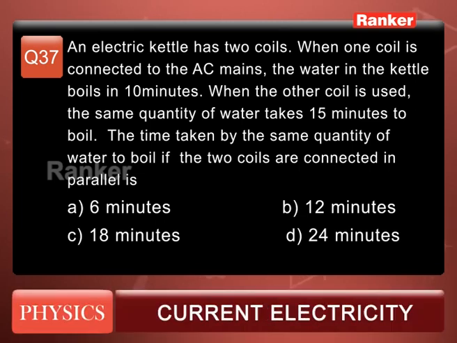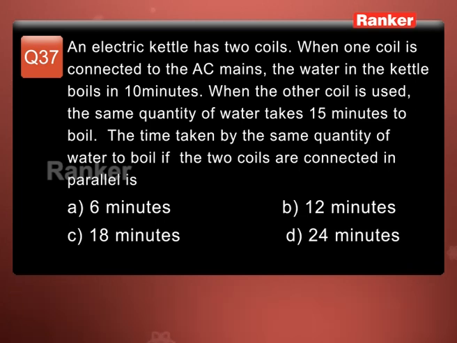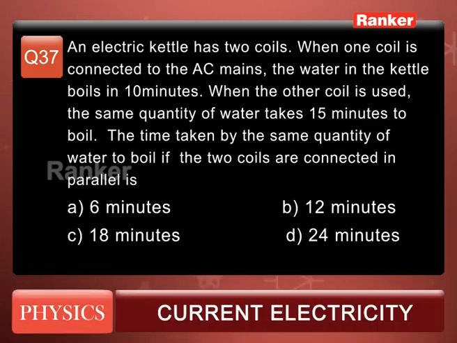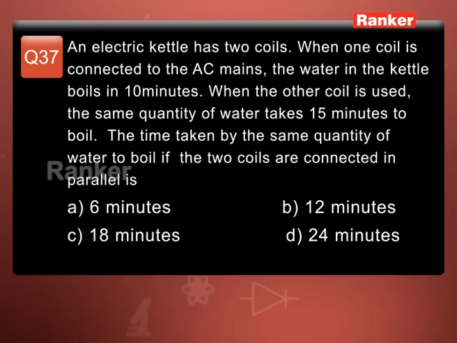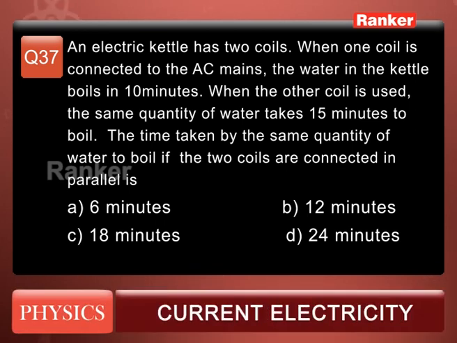The time taken by the same quantity of water to boil if the 2 coils are connected in parallel is how much? That is the concept. The options are: first option is 6 minutes, second is 12 minutes, third is 18 minutes, and fourth is 24 minutes.